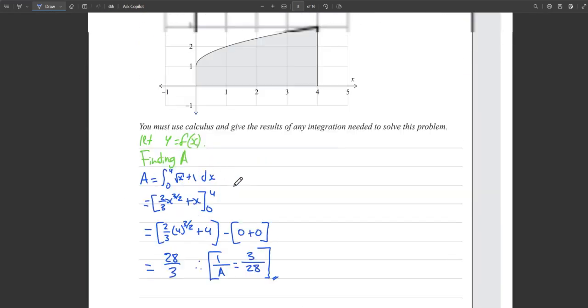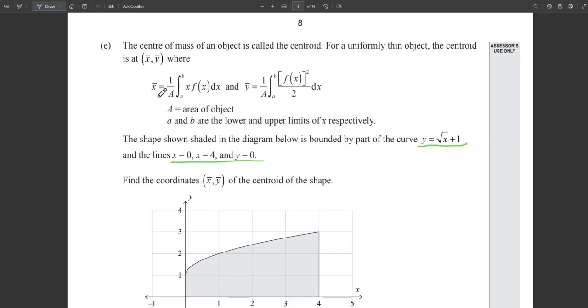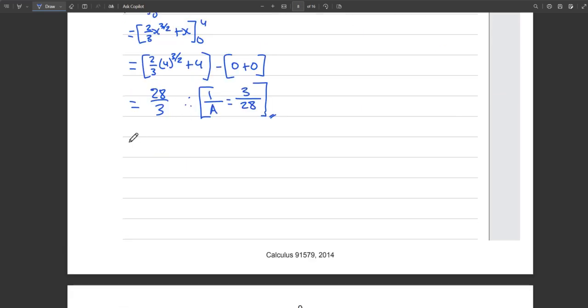Cool, now that we've found that, let's go ahead and start by finding x bar.